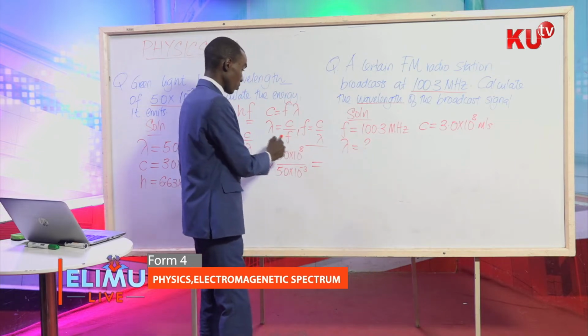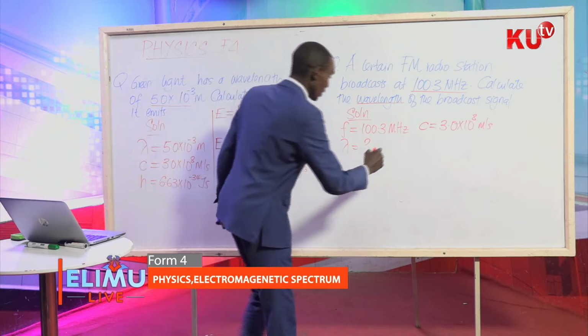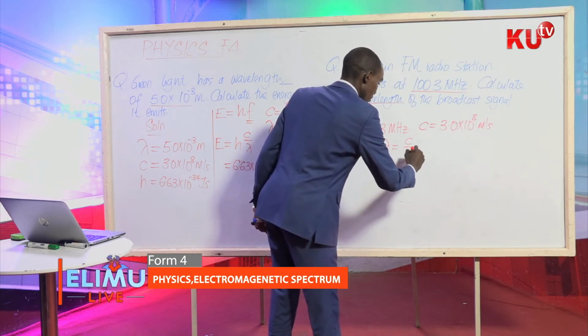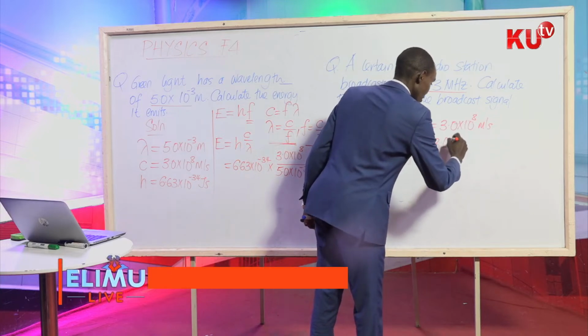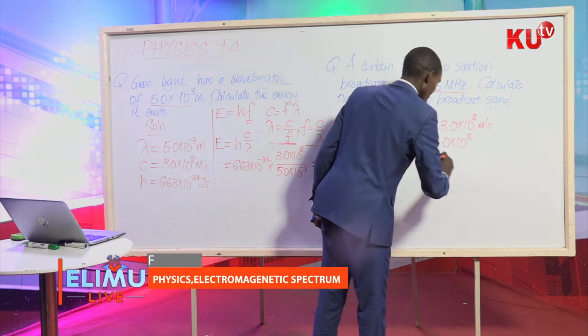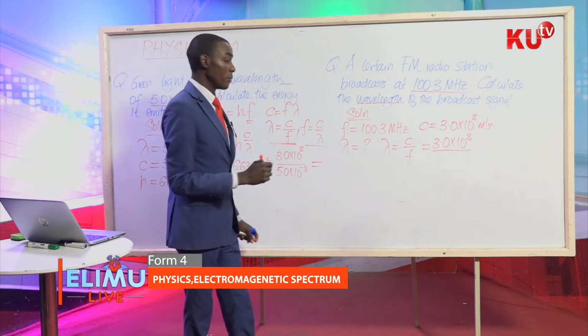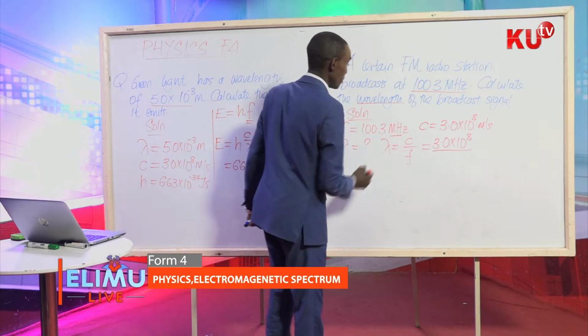Making lambda the subject, we have already done that. So we saw that lambda is simply given by C over F. And we see that C in this case is always 3.0 times 10 to the power 8. And frequency is 100.3 megahertz. Now, somebody would ask, what does this megahertz mean?